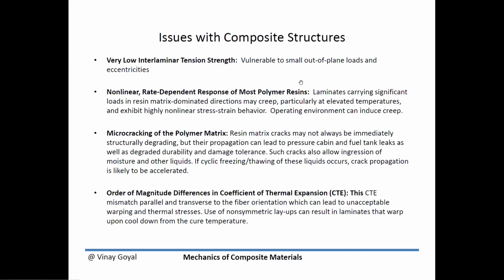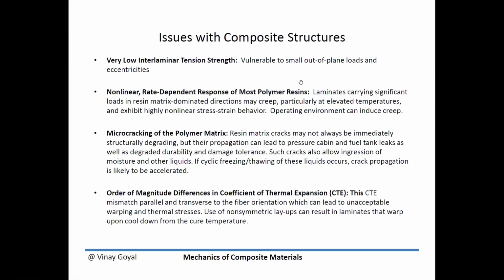This can also happen when you have stacking sequences that have too many plies at a given angle, and that can cause residual stresses that can decrease the effective interlaminar strength capability.